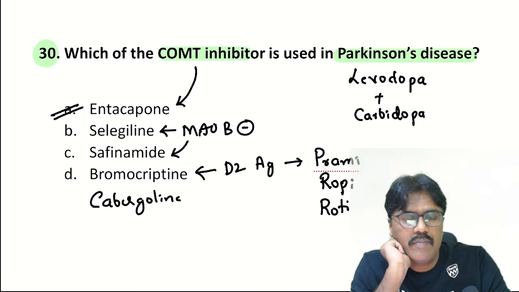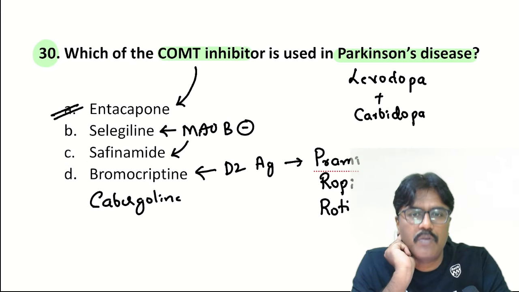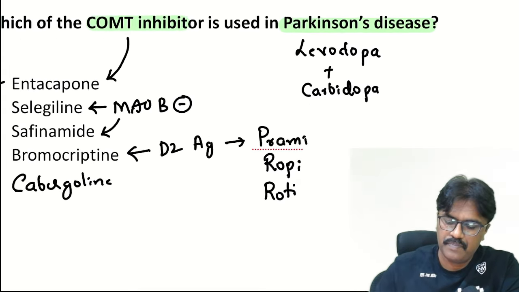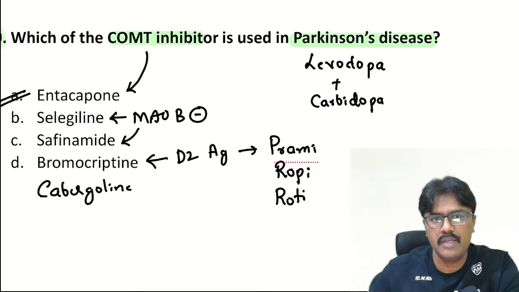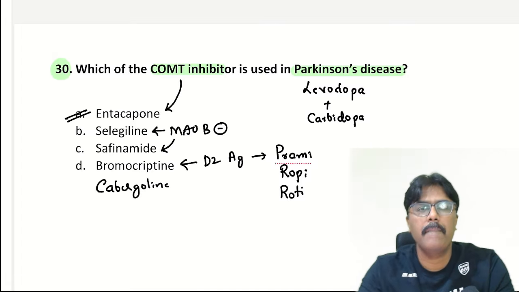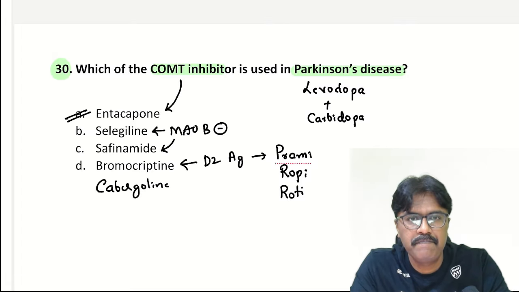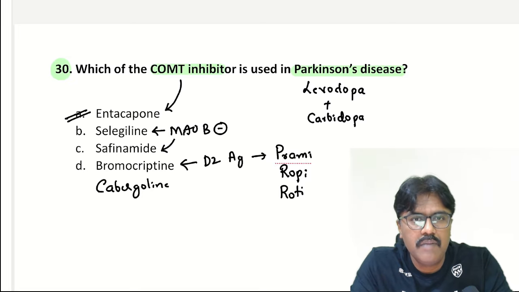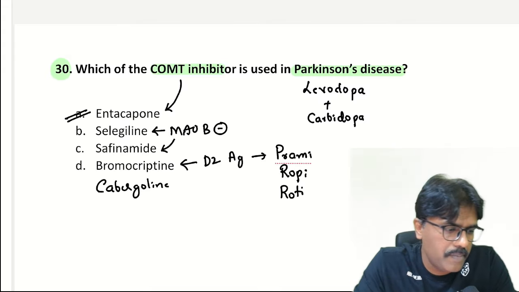Let me repeat their names: pramipexole, ropinirole, rotigotine. Just remember Rami, Ropi, Roti like that. So these are drugs used in Parkinson's disease. COMT inhibitors end with capone, MAO-B inhibitors with gilin, D2 agonists I told you, levodopa plus carbidopa. Okay.